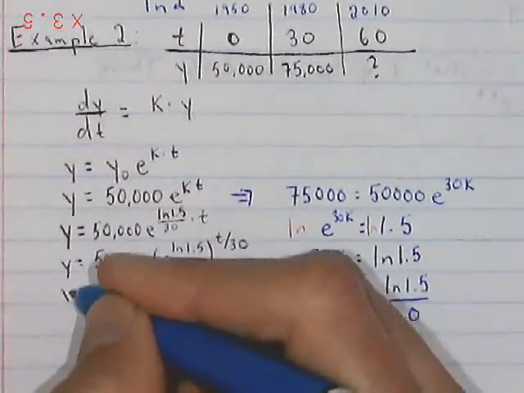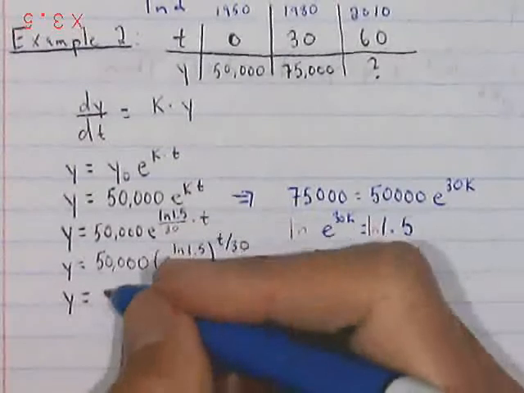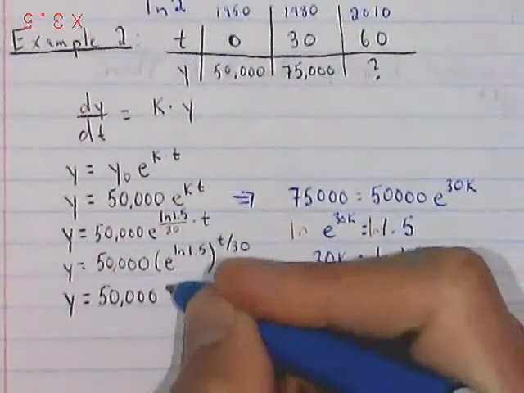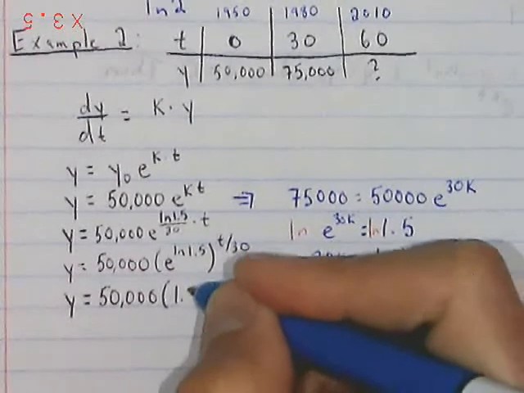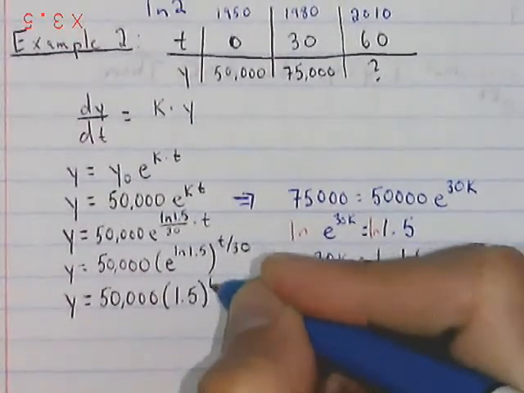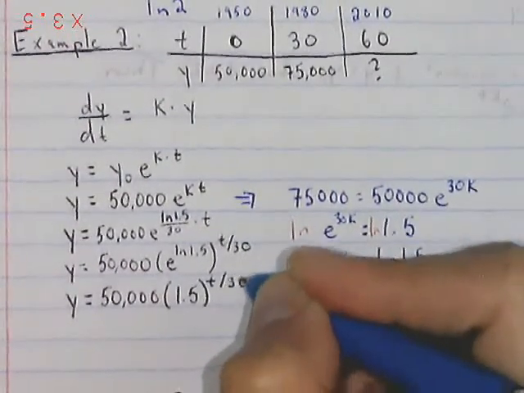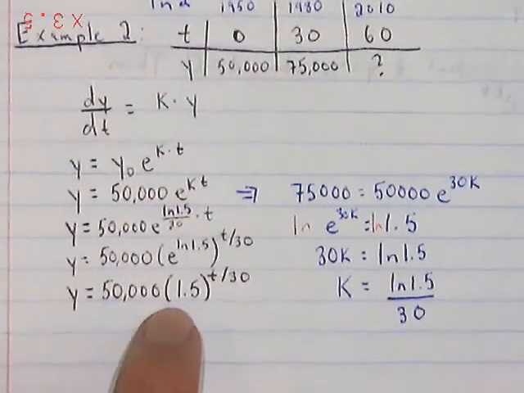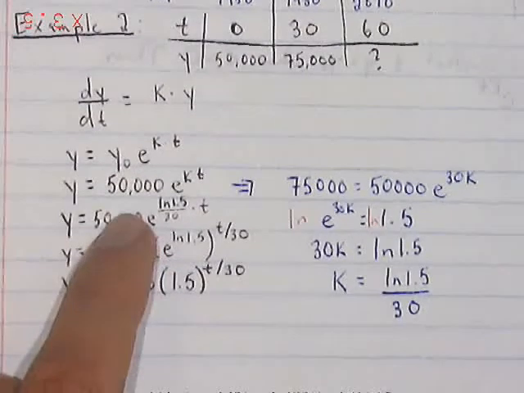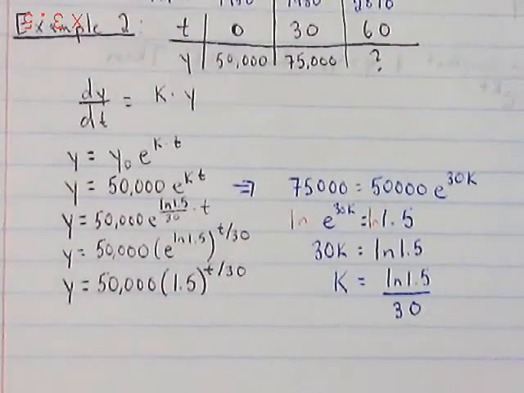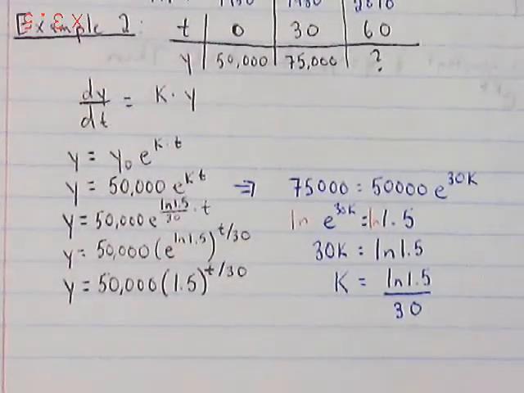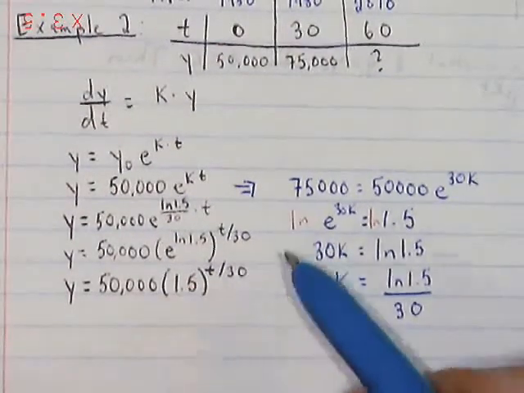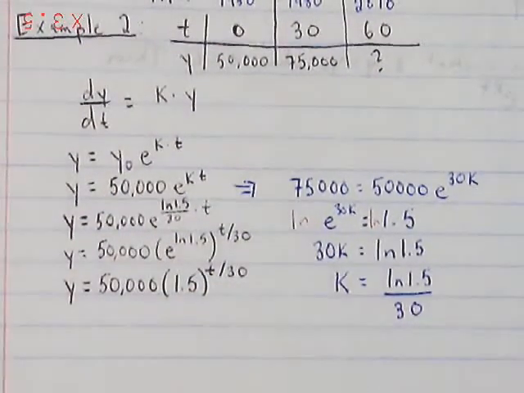And so the nicer version of our function is going to be 50,000 times 1.5 to the t divided by 30, which I think we'll agree is much nicer looking than that. So we're just converting it to a slightly nicer form. And this will certainly be nicer to work with when we're trying to figure out what is our population at 60. Okay?